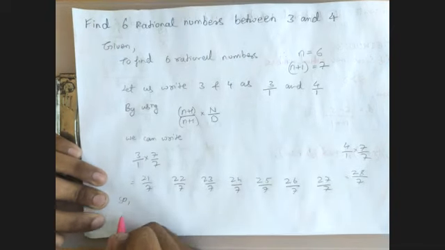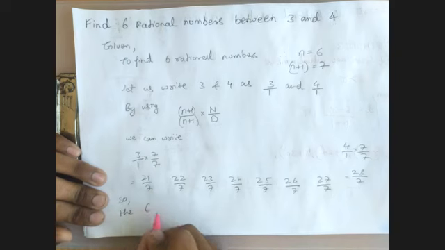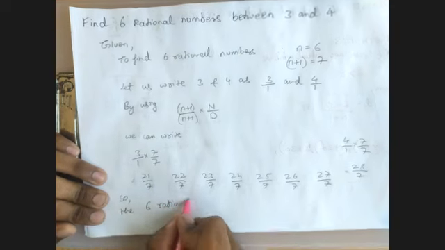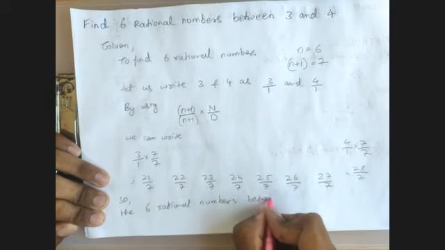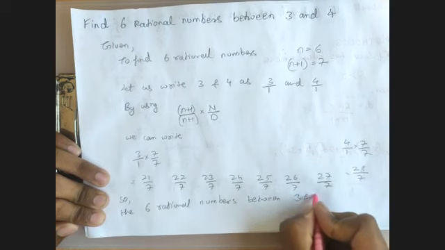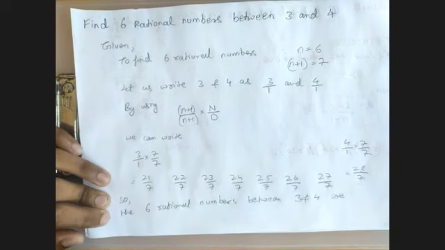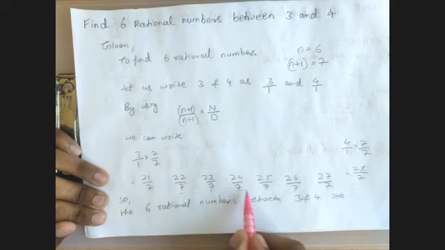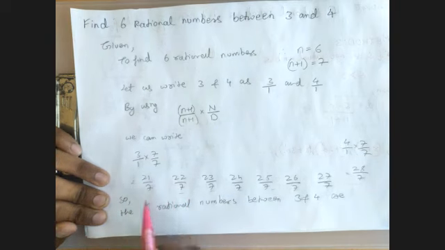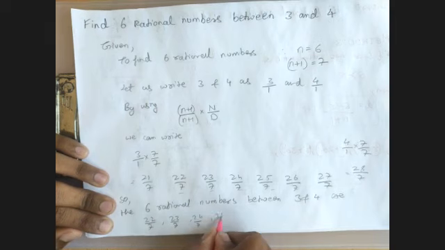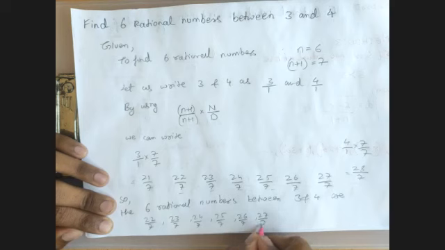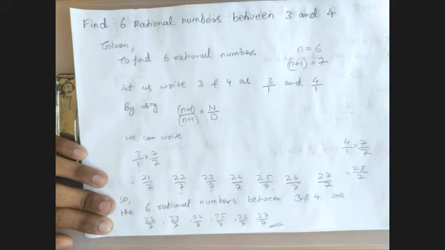So the 6 rational numbers between 3 and 4 are 1, 2, 3, 4, 5, 6. You should not start with 21 by 7. It is 22 by 7, 23 by 7, 24 by 7, 25 by 7, 26 by 7 and 27 by 7. So this is the answer.